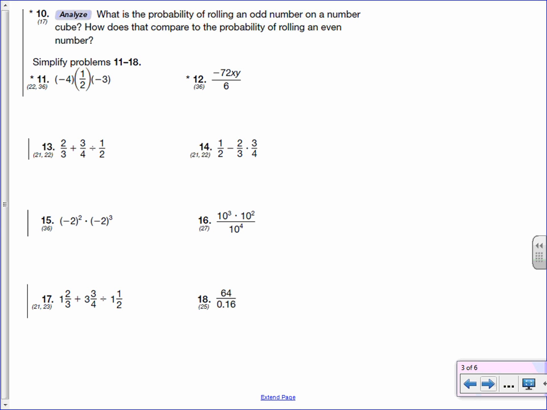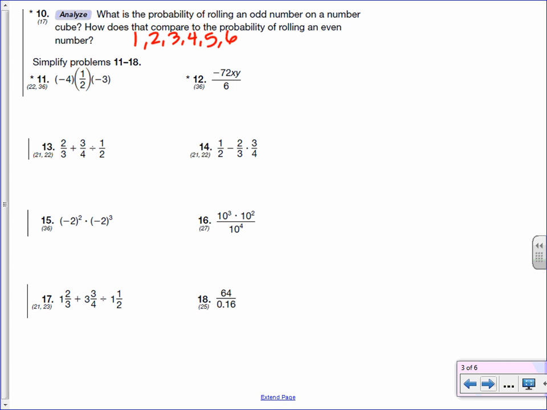What is the probability of rolling an odd number on a number cube? How does that compare to the probability of rolling an even number? Well, on a number cube, they're talking about one die, and one die has the numbers 1, 2, 3, 4, 5, and 6.